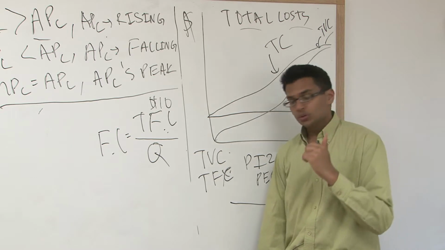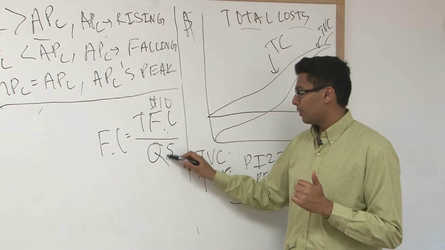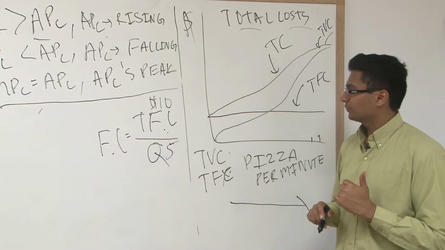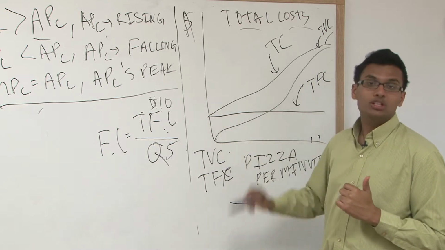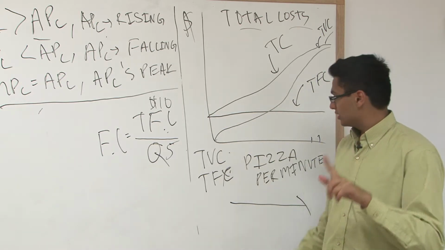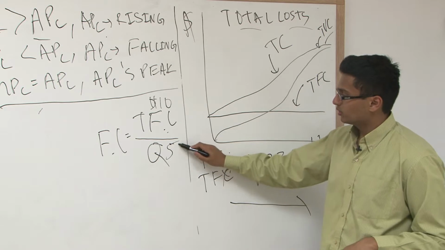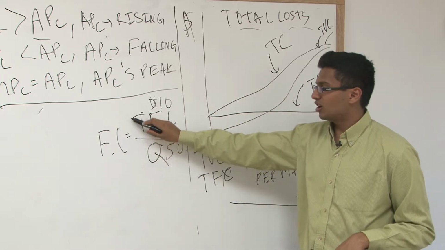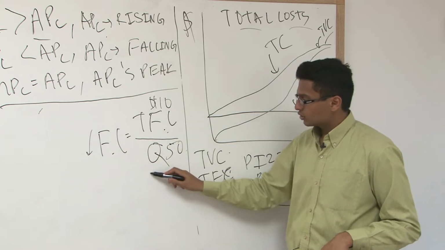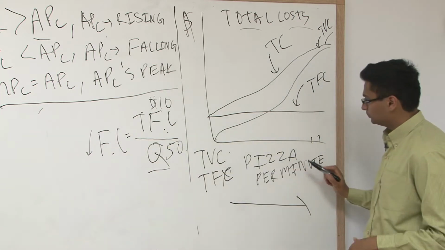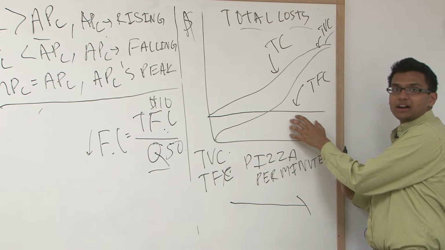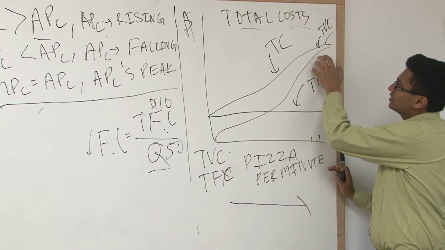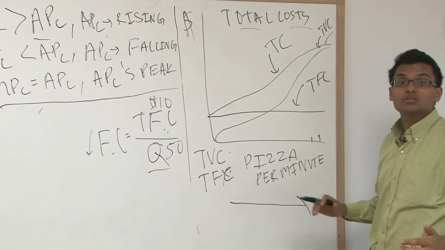Now, if I produce 5 boxes of pizza, the ratio is going to be 2. But imagine as I'm increasing my quantity, this is more like 50. The ratio for fixed cost has just gone down by a lot. So as your quantity increases, your total fixed cost is not going to matter anymore, and your TVC is going to be the most important cost.